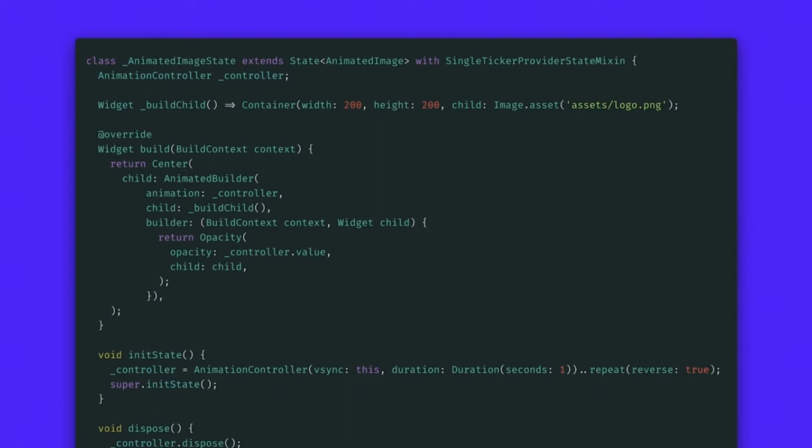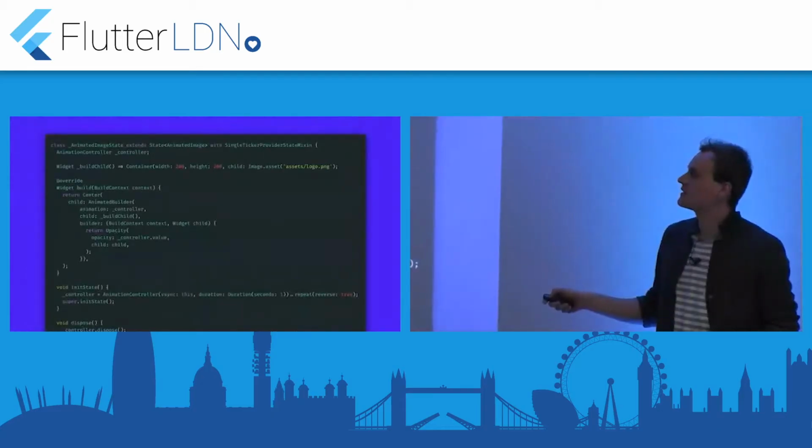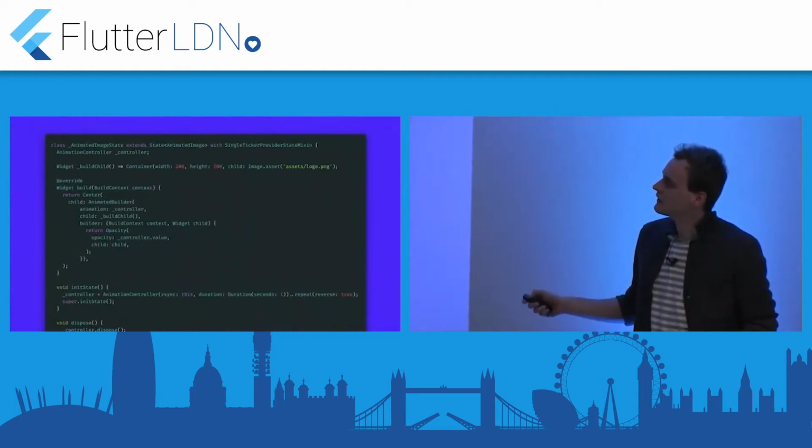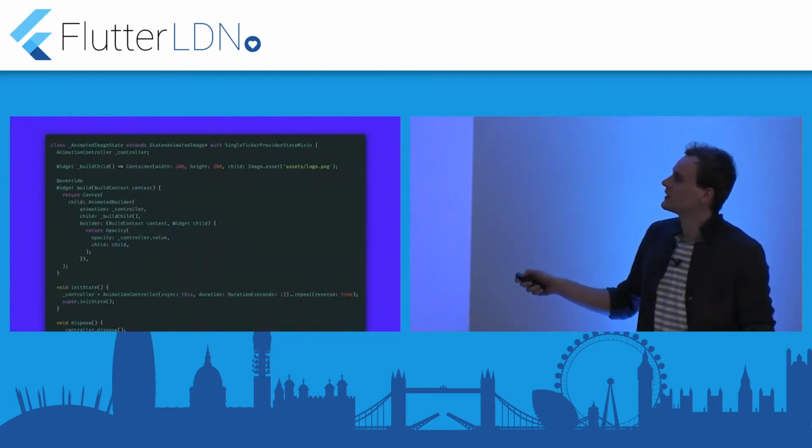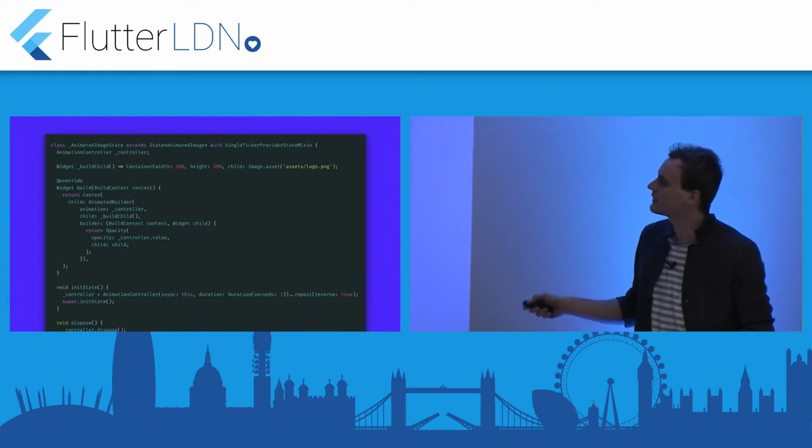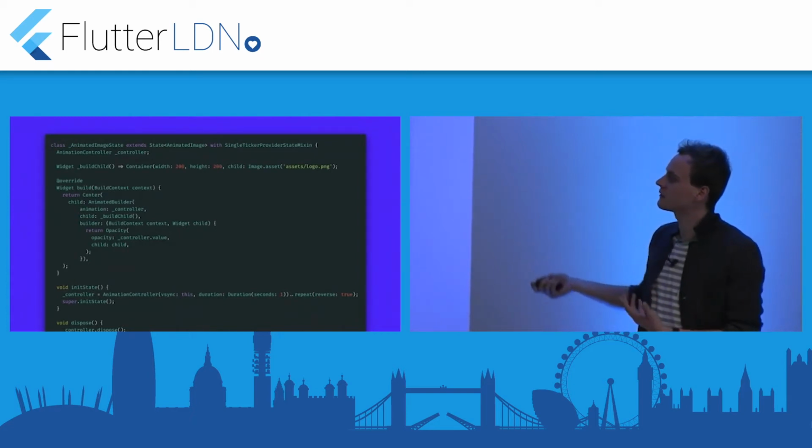Then, instead of using the opacity widget or the fade transition, I use the animated builder with, again, the animation as the controller. The child is just this container. I put it into this function to make it look cleaner.